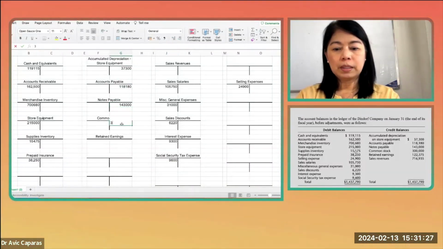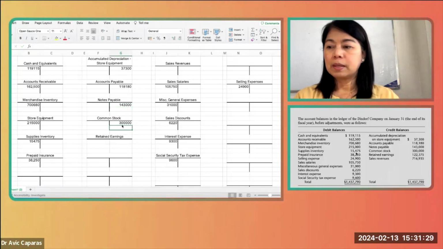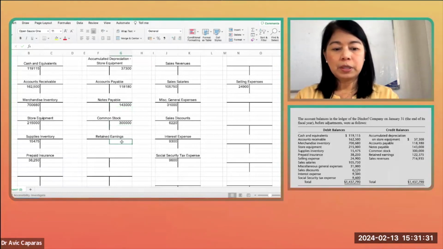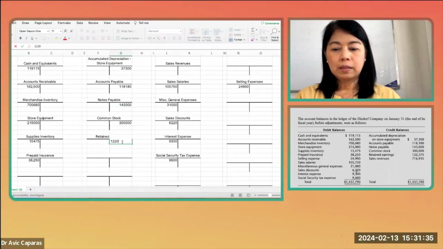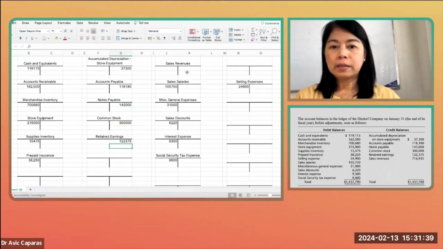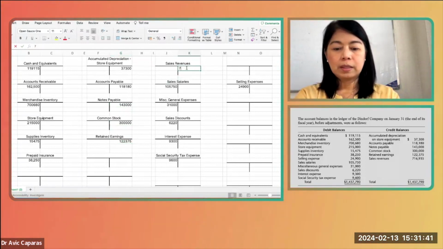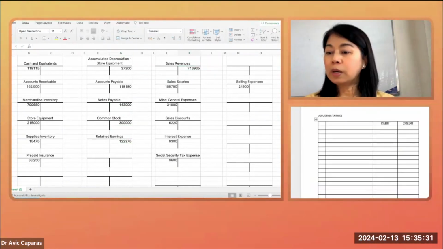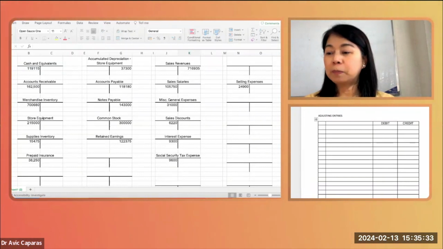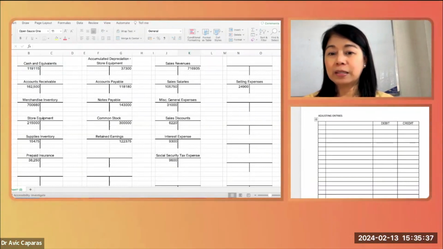Common stock, 300. Retained earnings, 122,375. Sales revenues, 716,935. So the next requirement is to journalize and post adjusting entries, adding accounts as necessary.